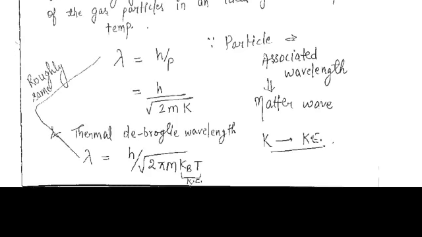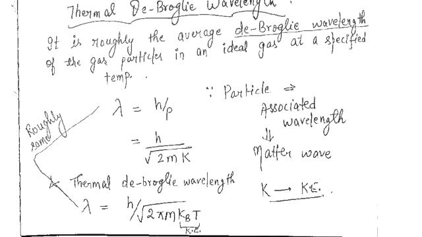But what we have calculated is lambda equals h upon root 2 pi m kBT. So we know that the kinetic energy of the gas molecules is kBT, and here we know that the momentum is root 2 m K. Are you getting this?